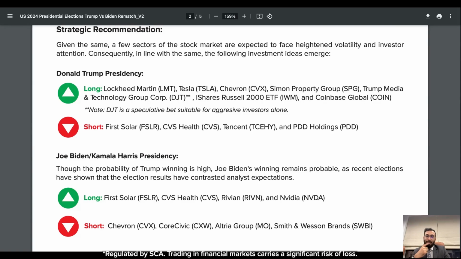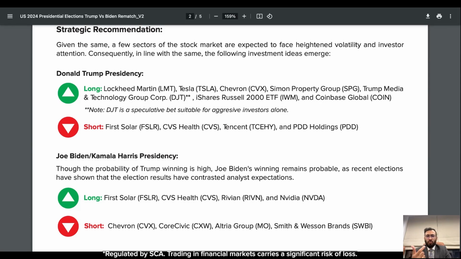So we have put Tesla, which can be bought, Chevron, which is an energy oil company, Simon Property Group, Trump Media and Technology Group, which is Trump's version of Twitter. Then there is a small cap index fund, which is the iShares Russell 2000 ETF, and then Coinbase Global, which is a crypto exchange based stock. These are the companies which are expected to get benefited.